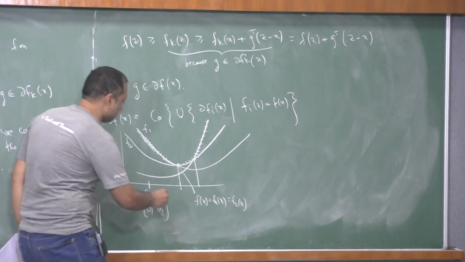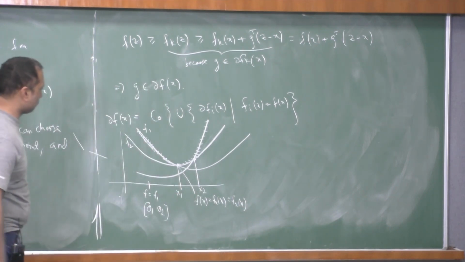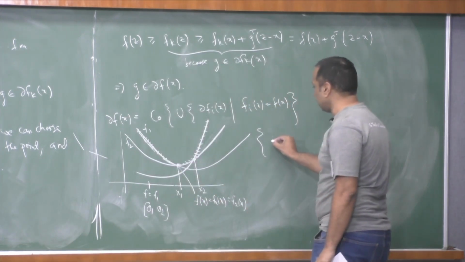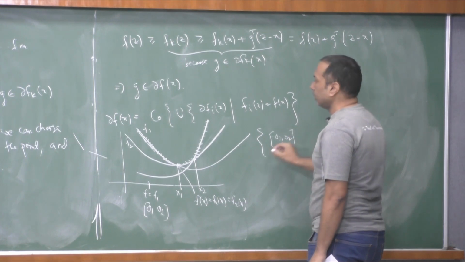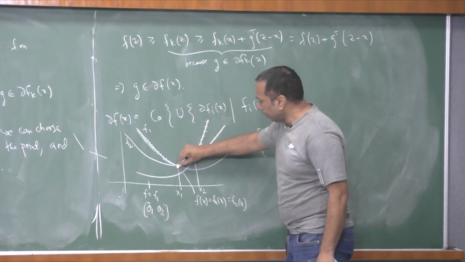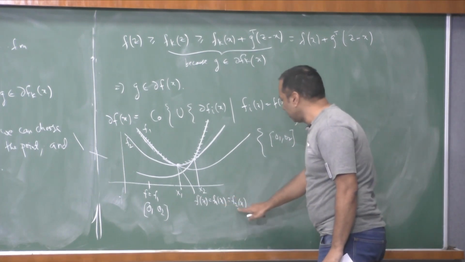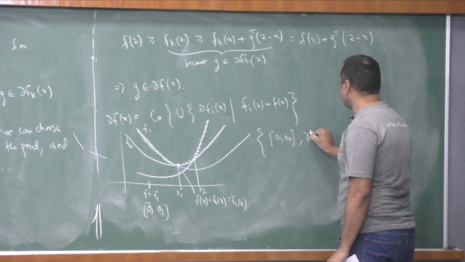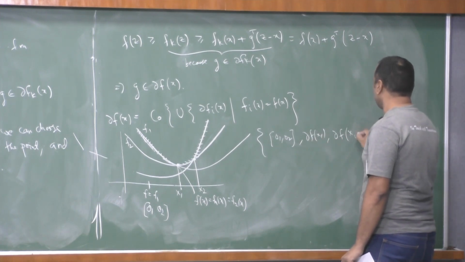So let us put this as x1 and this as x2. If I write down the sets and the things that I have in the set, first I have theta 1, theta 2. That was until here. Here I have subdifferential of f1 and subdifferential of f2. So I append this by subdifferential of f at x1, subdifferential of f at x2.